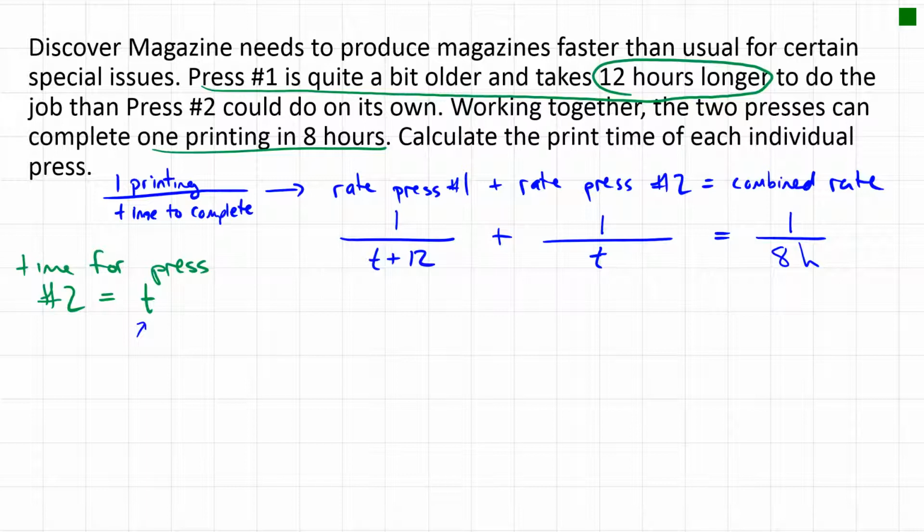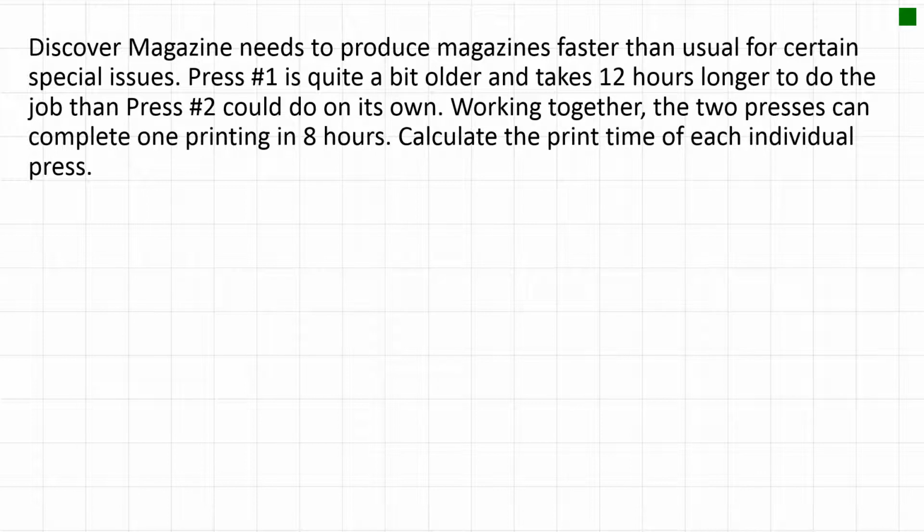And now I have a rational equation that I can solve using my rational equation skills, and we're going to find that it also requires some quadratic equation skills. Now I'm going to start this equation fresh on another slide. This equation is 1 over t plus 12 plus 1 over t equals 1 over 8.